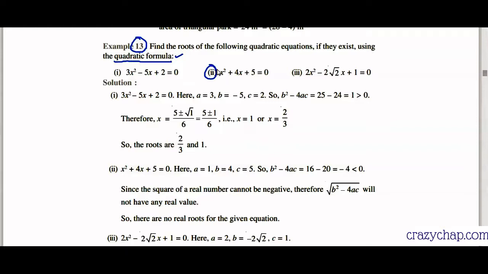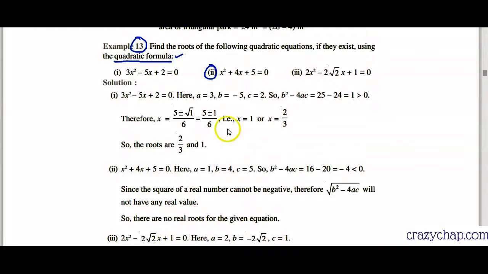With quadratic formula, all the questions can be solved. With factorization, some questions may not be solved because not all the quadratic equations can be factorized. So yes, quadratic formula is one point solution for all the questions, but factorization method is simpler if it clicks, okay? Let's have a look at number 2.